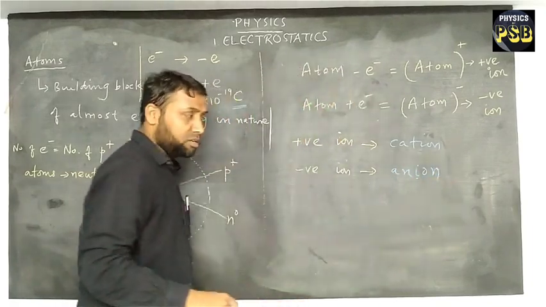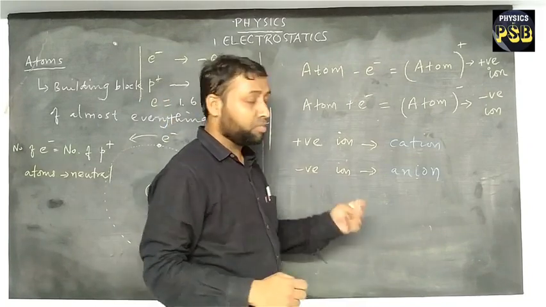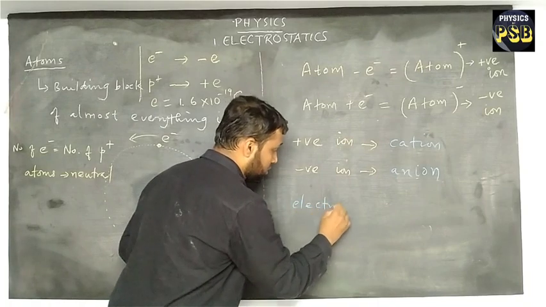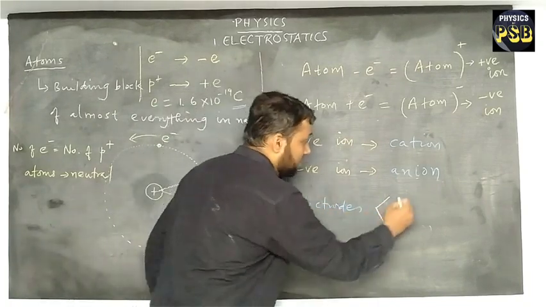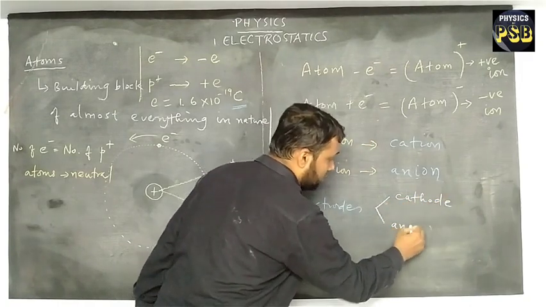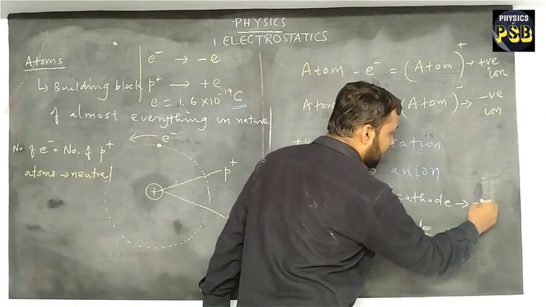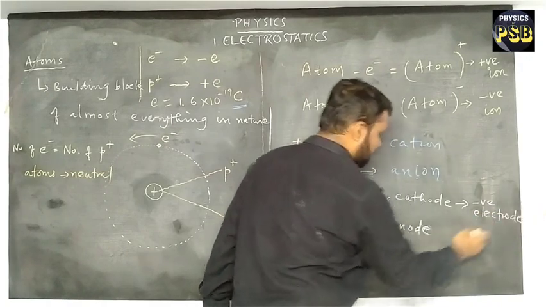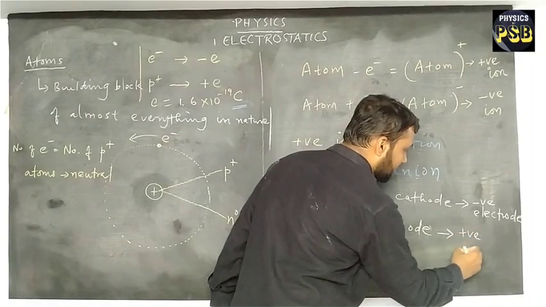See, the names are just completely opposite to the types of electrodes. In electrodes, we have cathode and anode. Cathode stands for negative electrode, whereas anode stands for positive electrode.